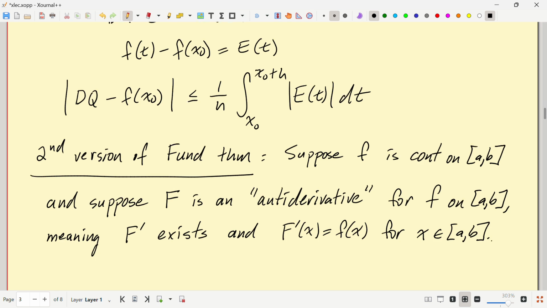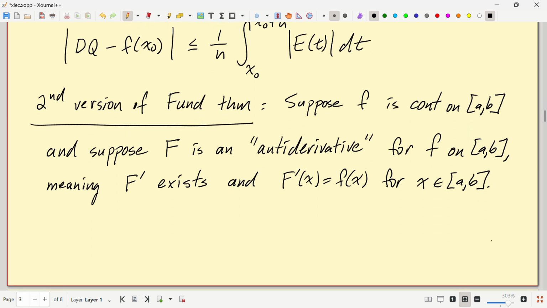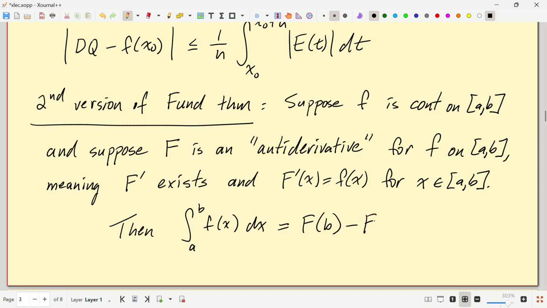Then the second version of the fundamental theorem says that you can calculate the area under the graph of little f simply, I'll put dx's here, by subtracting capital F of a from capital F of b.